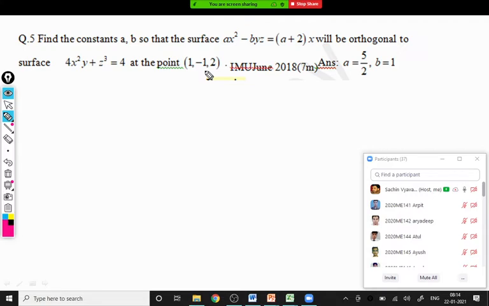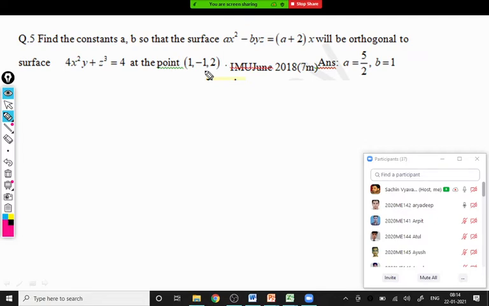What should be the way to get these values of the constants a and b?